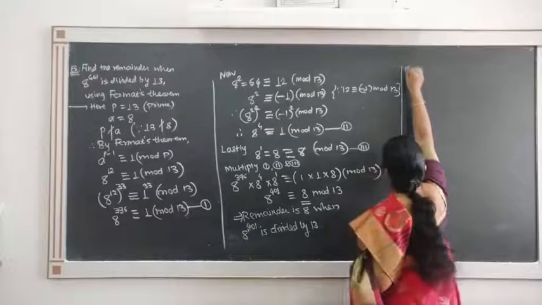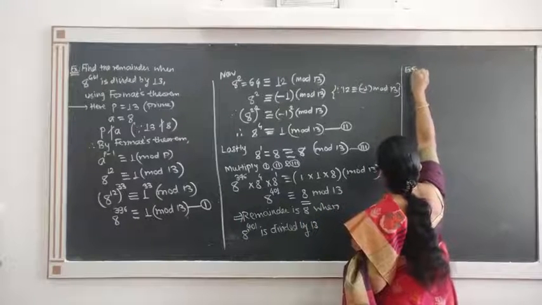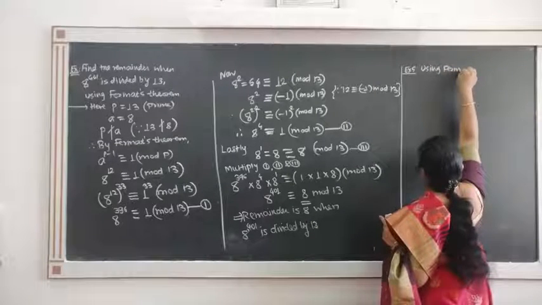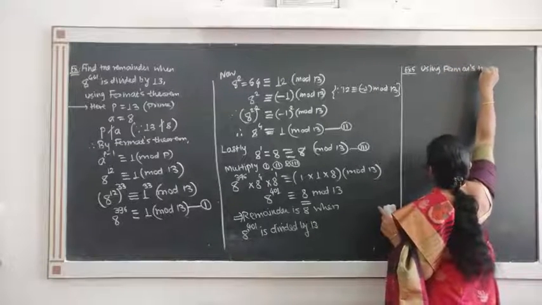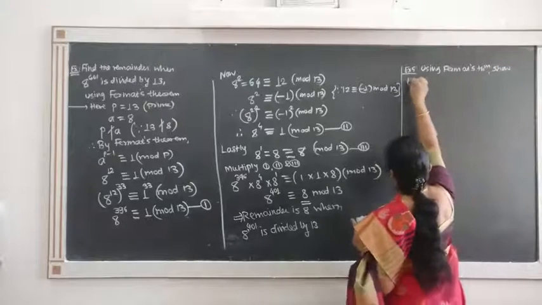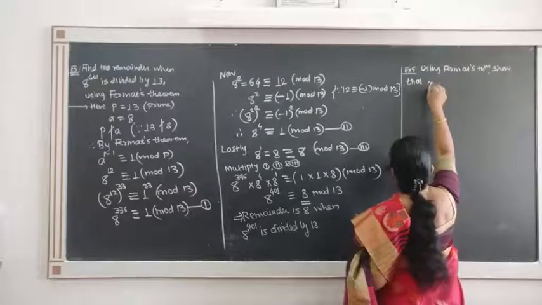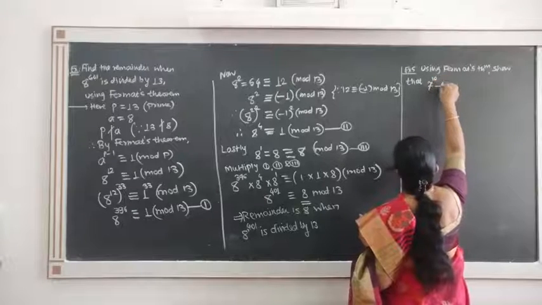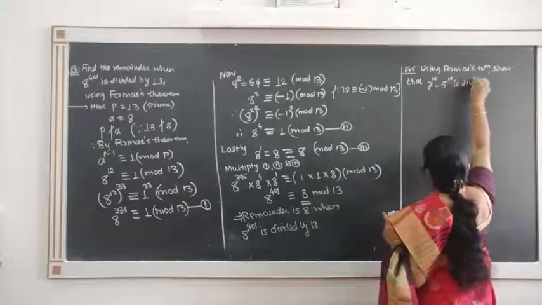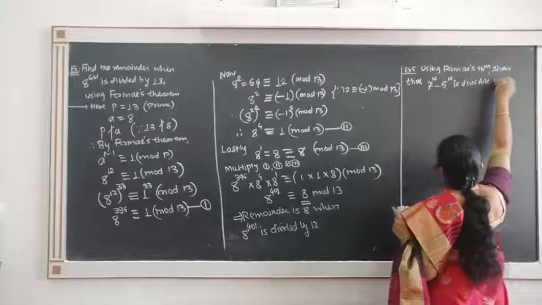See the next example. Using Fermat's theorem, show that 7 raised to 10 minus 5 raised to 10 is divisible by 11.